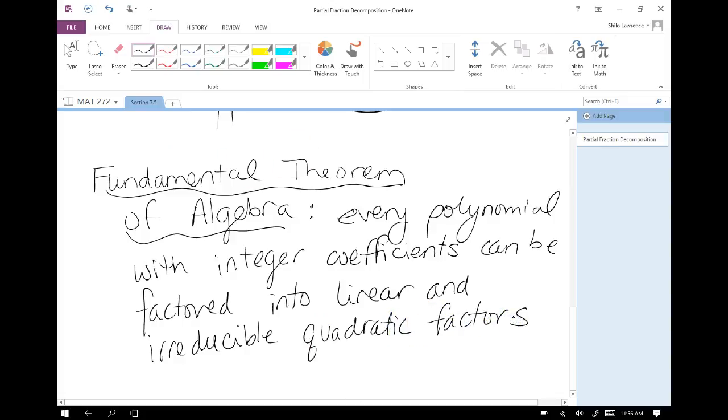All polynomials that have integer coefficients can be broken down and factored into linear and irreducible quadratic factors.